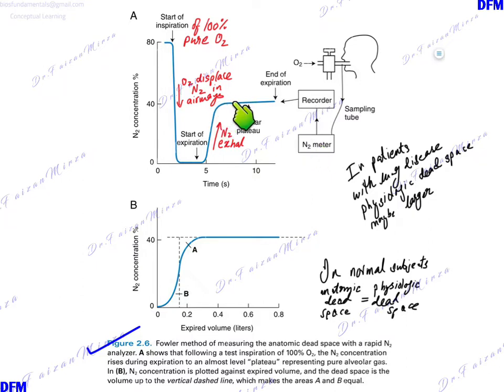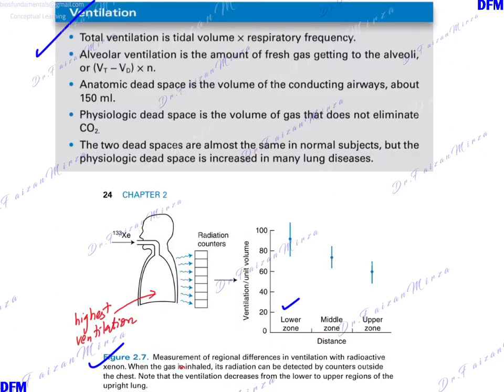So we see that after a gradual rise of exhaled nitrogen, the nitrogen concentration starts to plateau. This plateau represents pure alveolar gas, which means that all the gas from the alveoli is being moved out. So this is how the anatomic dead space is calculated: this alveolar plateau tells you how much air was being held in the anatomical dead space initially.